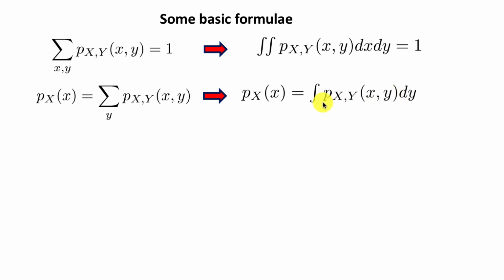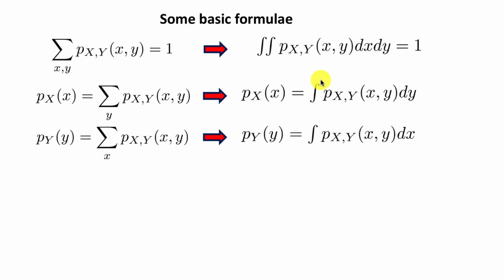Where does y start from and where does it end? That we shall see in various different examples. Similarly, if you were to sum over x in the case of discrete, well, then you're going to integrate over x in the case of a continuous function here.